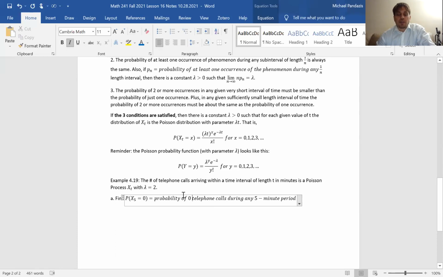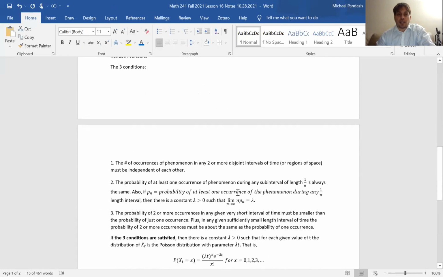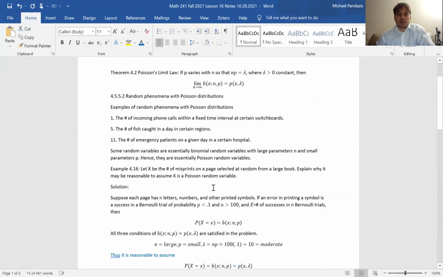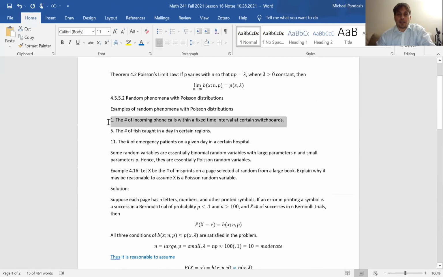Okay, so before I gave examples of Poisson processes, and one of them was the number of telephone calls arriving within a time interval of length t. So this situation I mentioned earlier here: the number of incoming phone calls within a fixed time interval at certain switchboards.